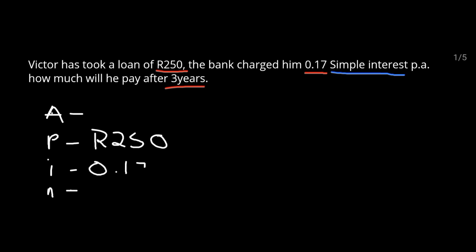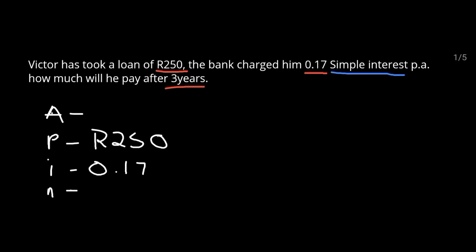Luckily, it is already given as a decimal, so there's no need to convert. Remember, the moment it is given as a percentage, that is when you have to convert it to decimal.